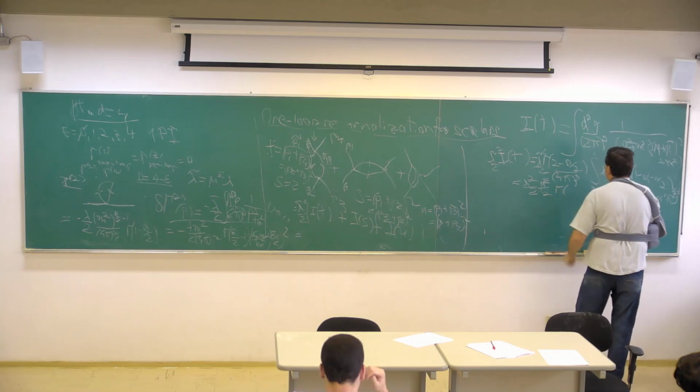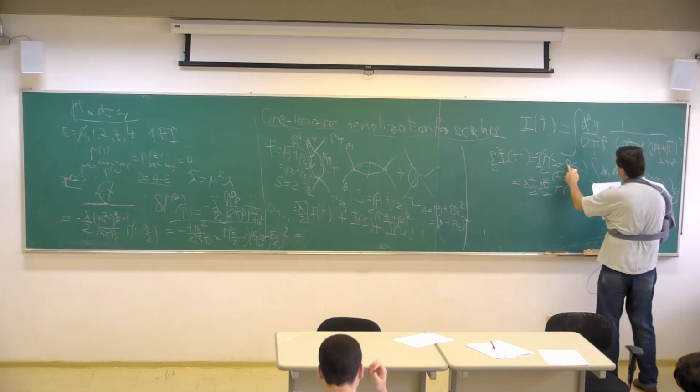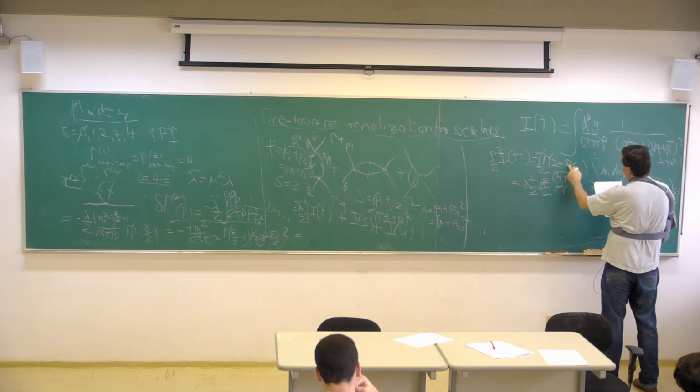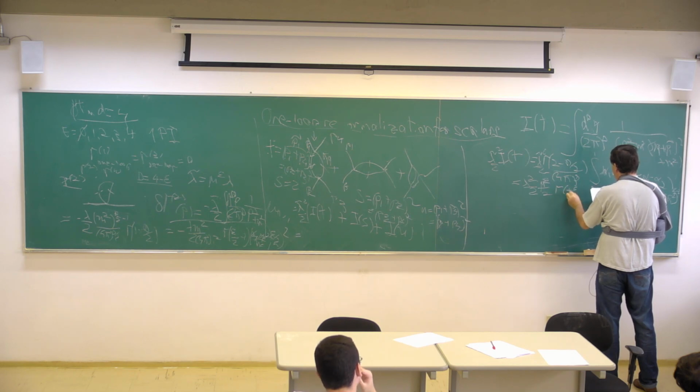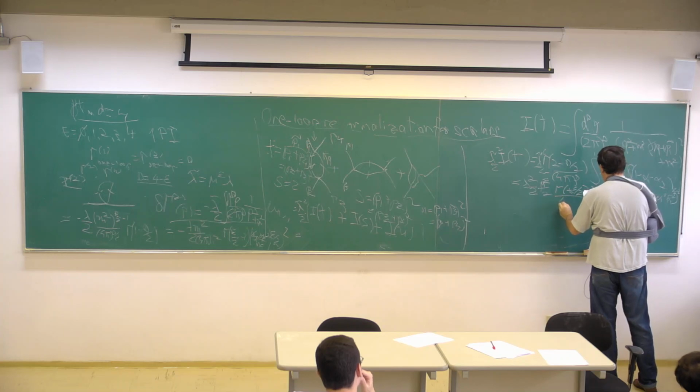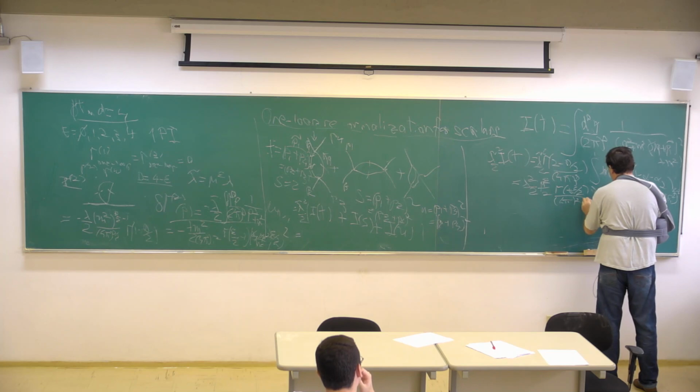And here we have d is 4 minus epsilon, so here we get plus epsilon over 2, over (4 pi) squared, and then also 4 pi to the epsilon over 2.